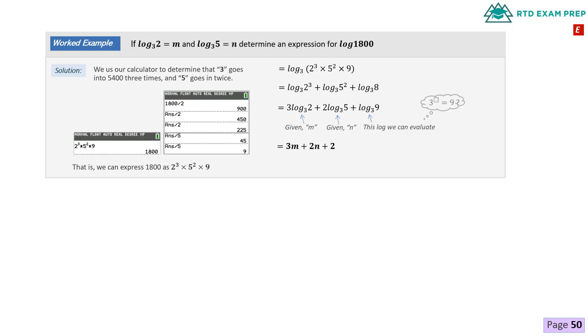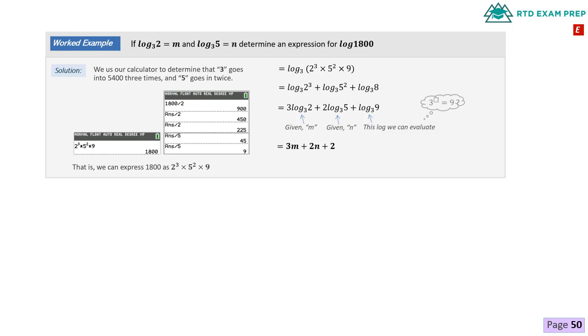But once we move that 3 down in front, now we have 3 times log base 3 of 2. And log base 3 of 2 is what was equal to the value of m. So now that we've dropped the exponents down, we replace m and n, and we evaluate the last term, log base 3 of 9, to be 2. Wow, that was a lot to follow.